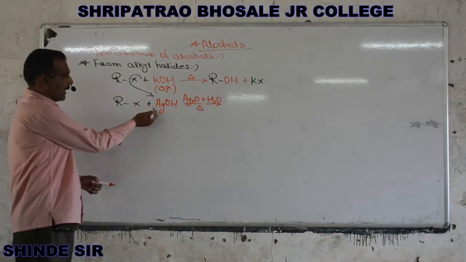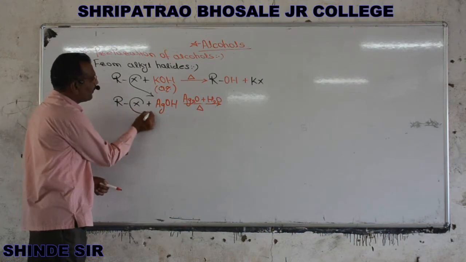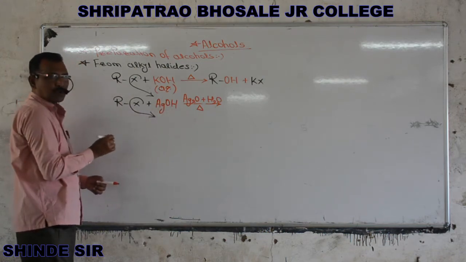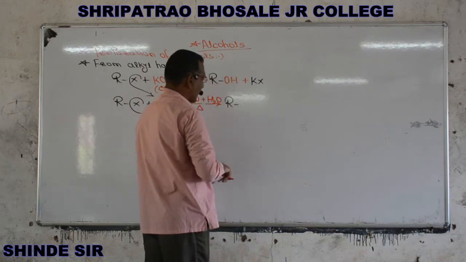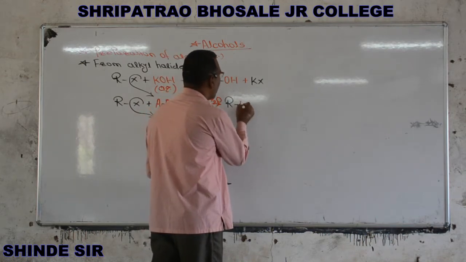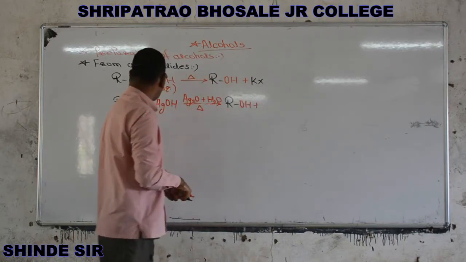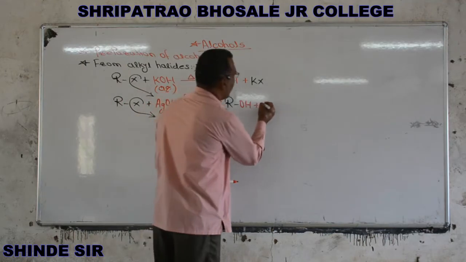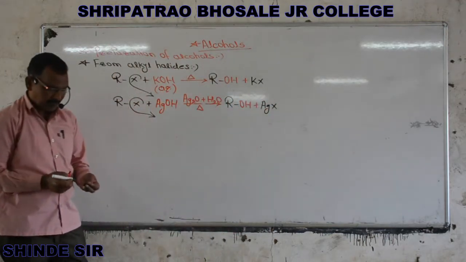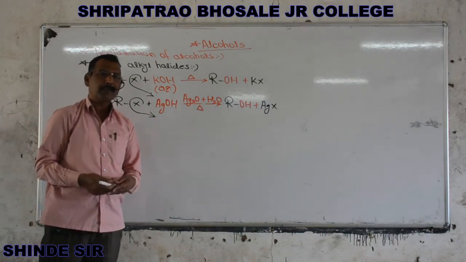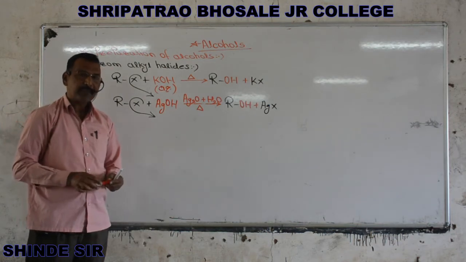So what happens? Again alkyl halide undergoes nucleophilic substitution, that is, the halo group is replaced by the hydroxyl group, and alcohol is formed, plus the byproduct silver halide. A question will be asked: how will you prepare, for example, ethyl alcohol by using ethyl bromide?